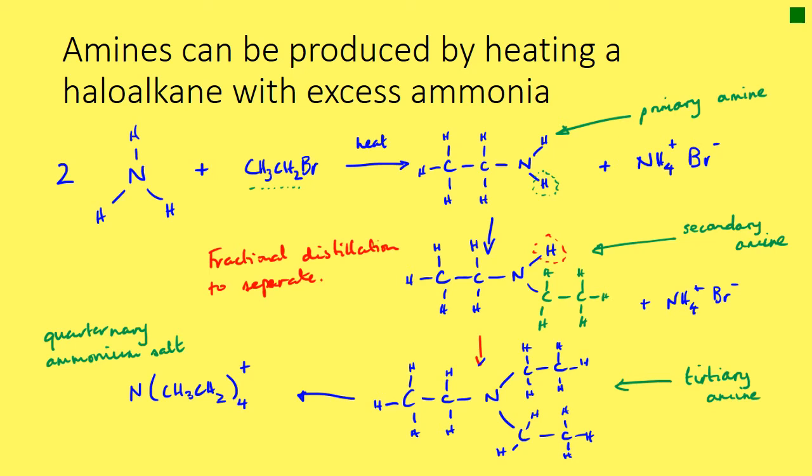Here we have the original, and so here we have a tertiary amine, where all of the hydrogens from the amine group have been substituted by the alkane part of the bromoalkane.